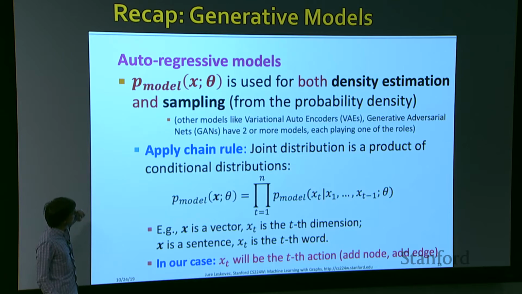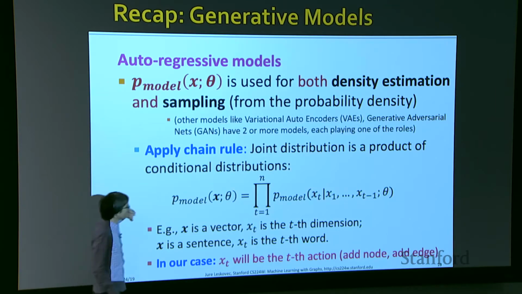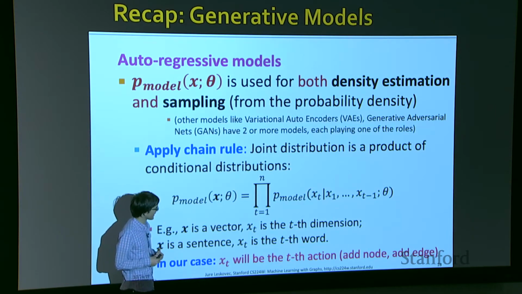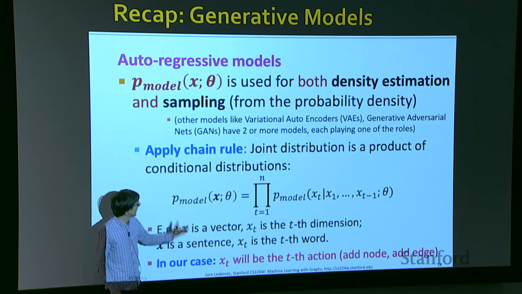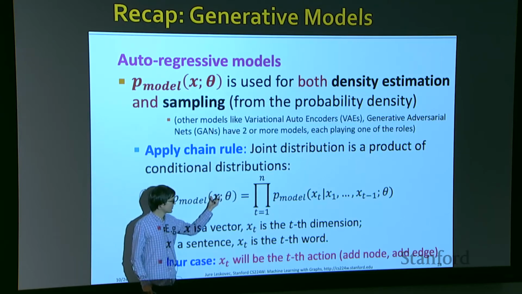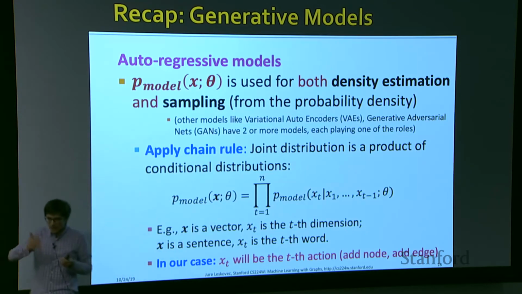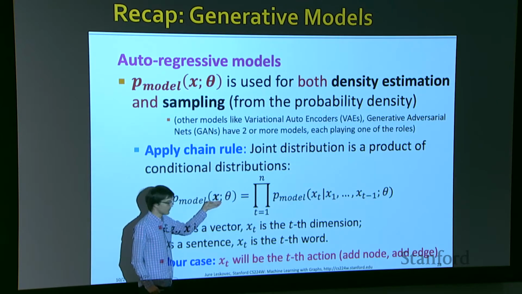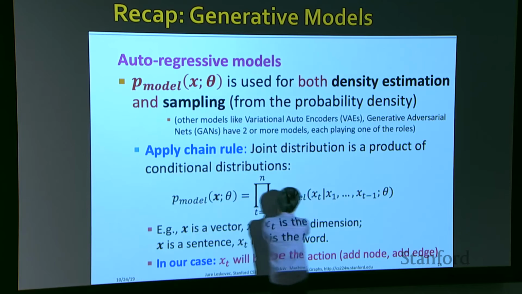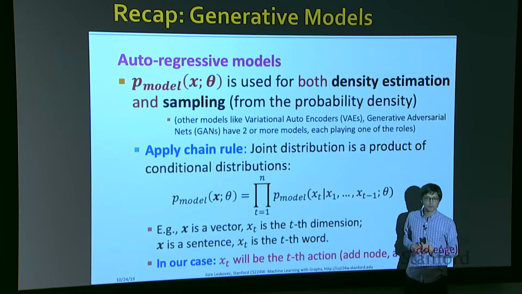So we will do this in the following way. Why do we want to do this in an autoregressive way? Because of the chain rule, right? If I can take my complex object and separate it out into a sequence or a set of operations, then without loss of generality, I can take my complex distribution over this complex object and write it out as this set of conditionals, right?